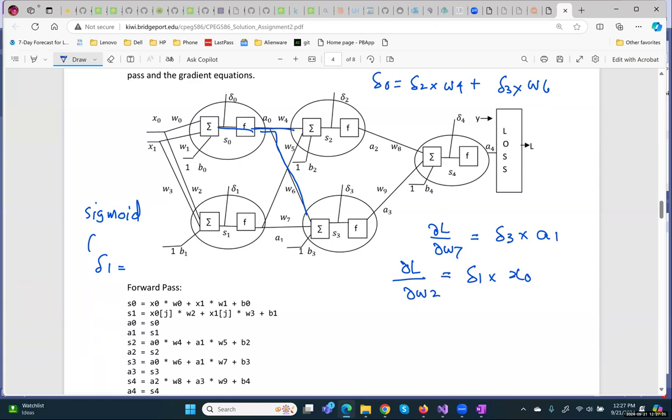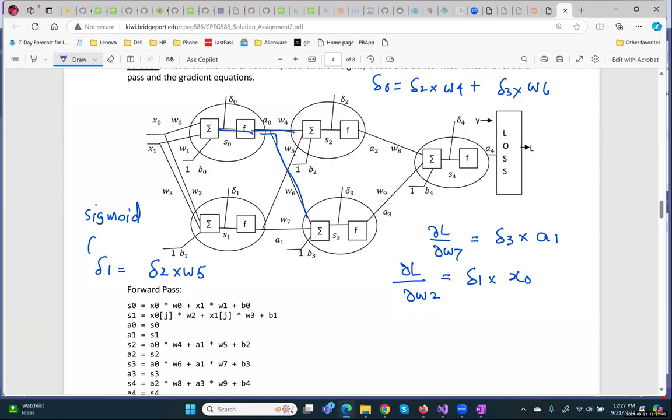So if I write the contribution for the delta 2 neuron, assuming the activation function is linear, it will be delta 2 times what? W5.